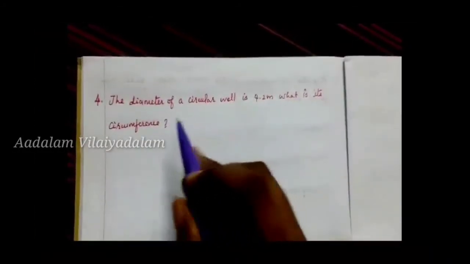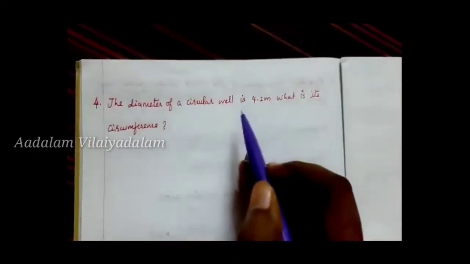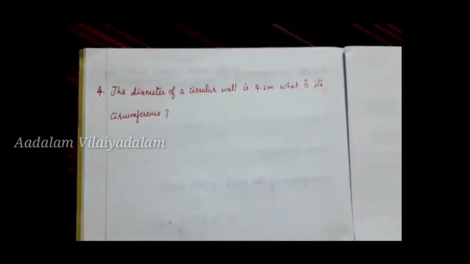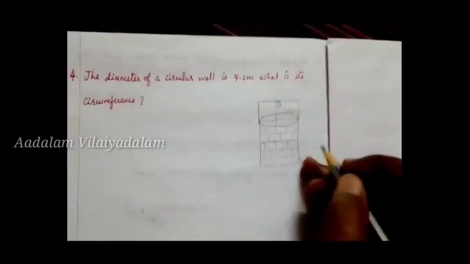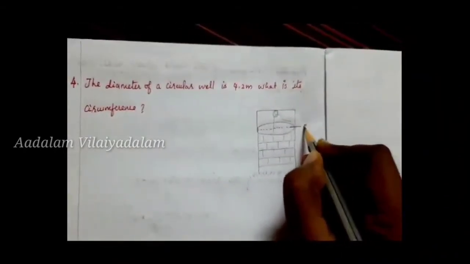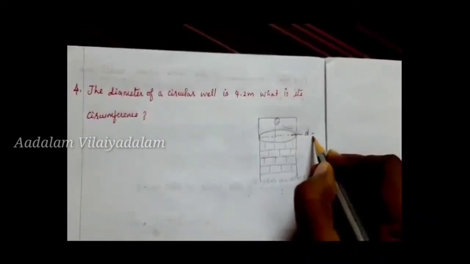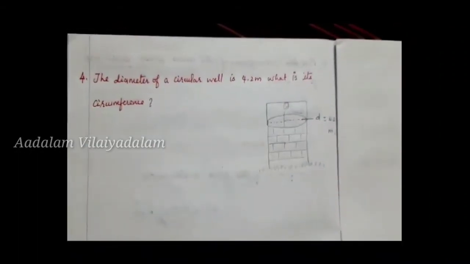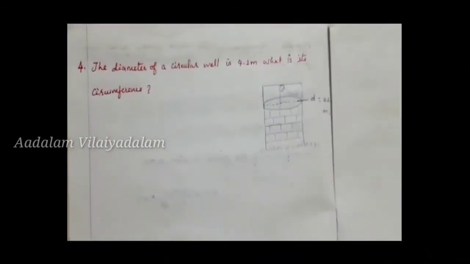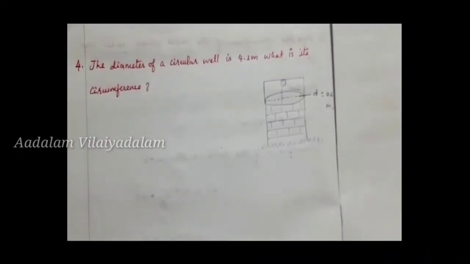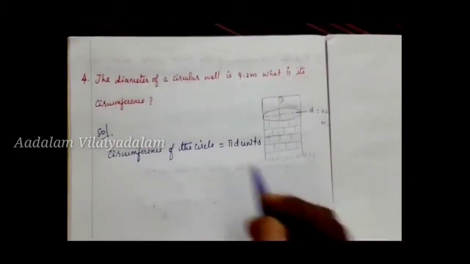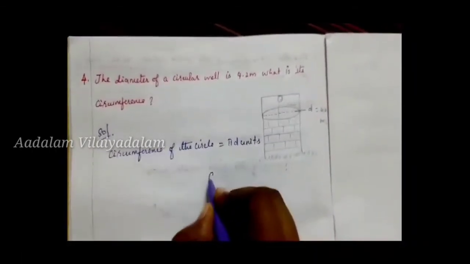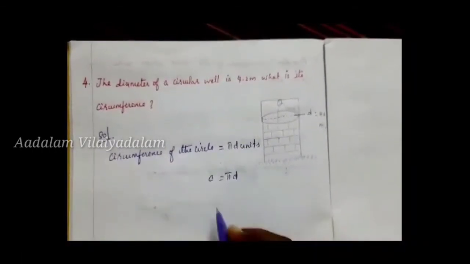The fourth question, the diameter of the circular well is 4.2 meter. What is its circumference? In this question, the diameter of the circular well, d equal to 4.2 meter, is given. So to find the circumference of the circle, we have the formula, circumference of the circle equal to pi d units. Therefore, C equal to pi d we could write.